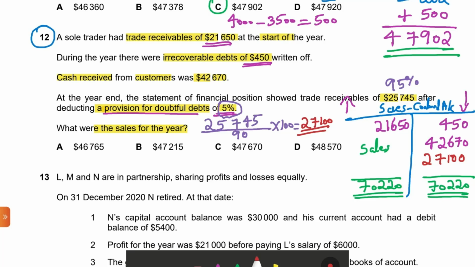What is the amount? 48,570. So the correct answer is D.